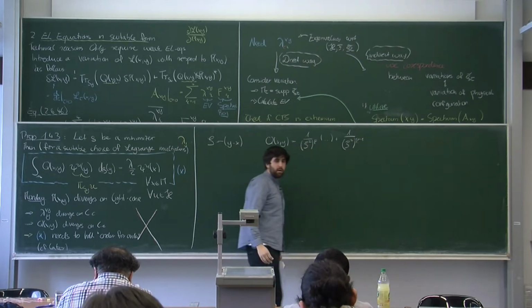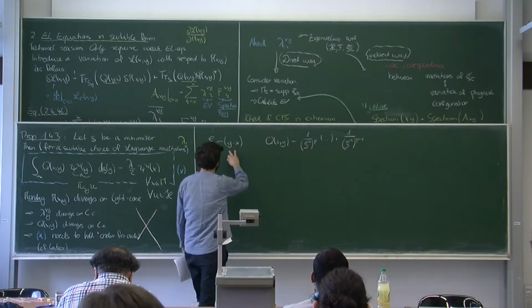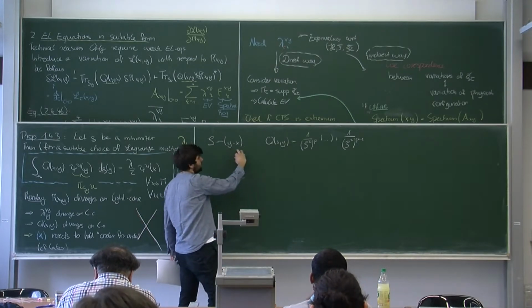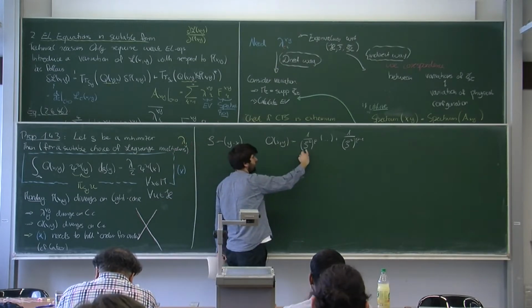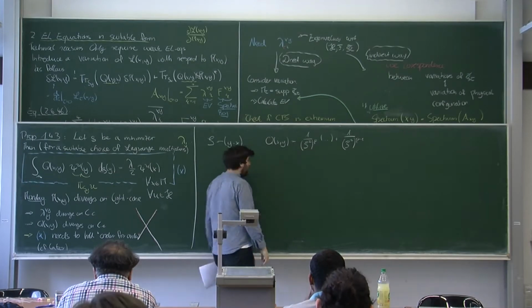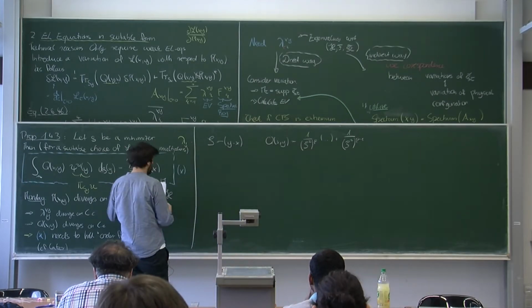This is what is meant by divergence on the light cone. If x and y are light-like separated, xi squared tends to 0, and therefore this term blows up. And now I have to demand this equation order for order.